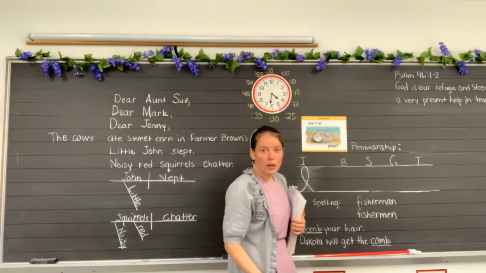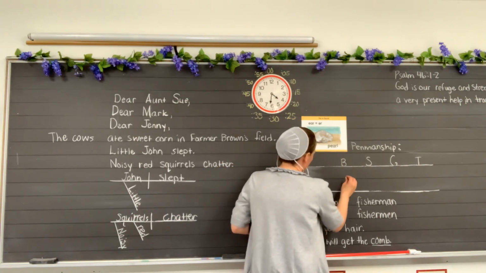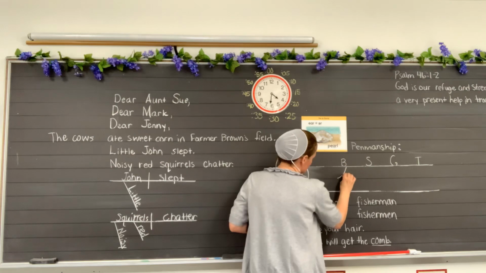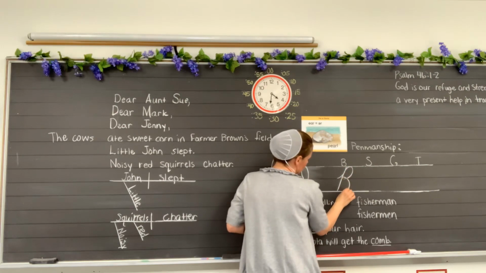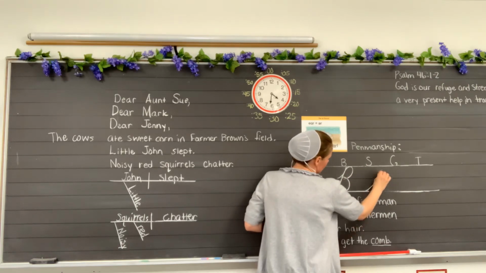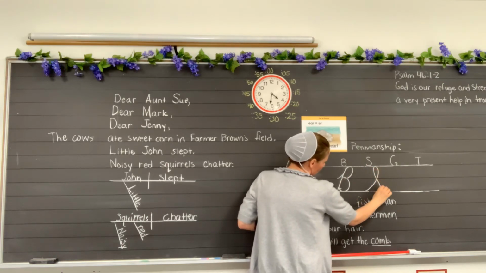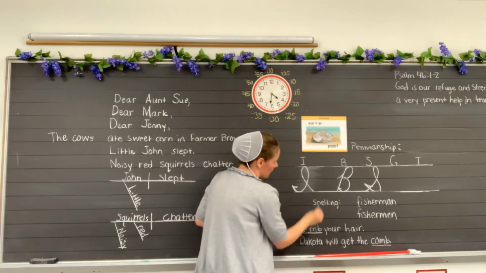Okay, and let's review now some of the other letters that we learned so far. Let's review the B. So the B goes like this. And the S, there again, we're going on the left with the S, but for the I, we start on the right.